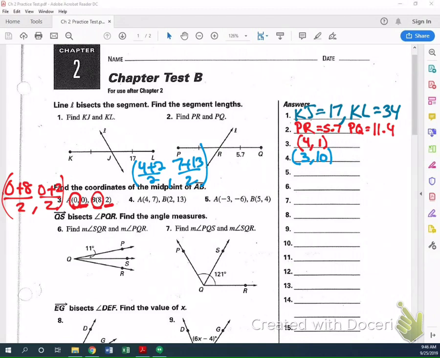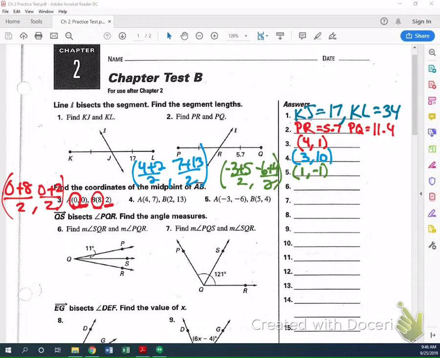And then the last one in that section, it's the -3 and the 5 go together. And the -6 and the 4 go together. So that'd be 2 over 2, which would be 1. And -2 over 2, which would be -1. Questions on that one?